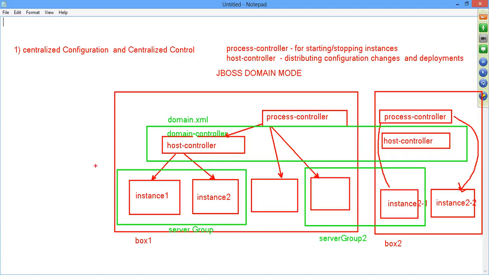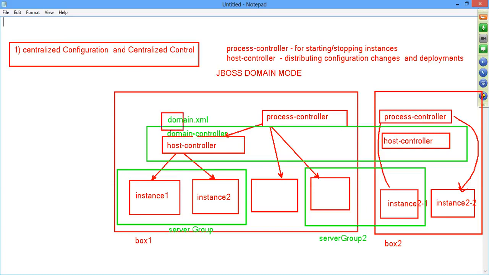All right. For now, a domain mode is different from a standalone mode in the sense that it allows centralized control and centralized configuration. The name of the XML file for a domain is domain.xml. The structure is a little different. In standalone mode, you have only one instance.